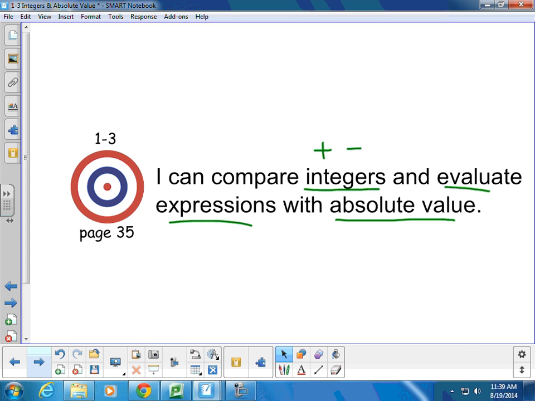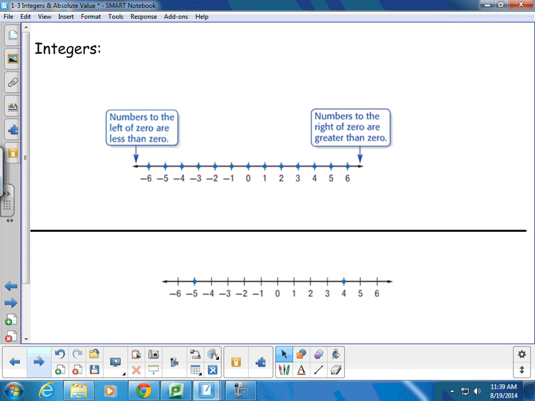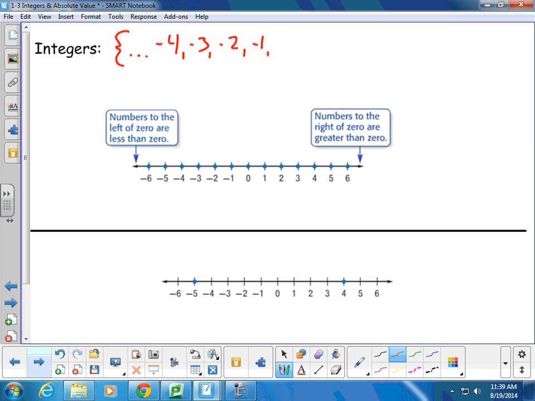We are on page 35 in our textbook. Integers. What are integers? Integers is any number from this set of numbers. So if I just have -4, -3, -2, -1, and then I continue on going upward with 0, 1, 2, 3, 4.